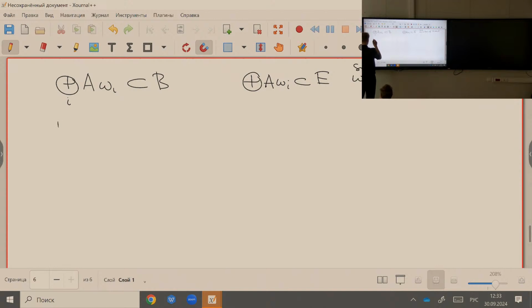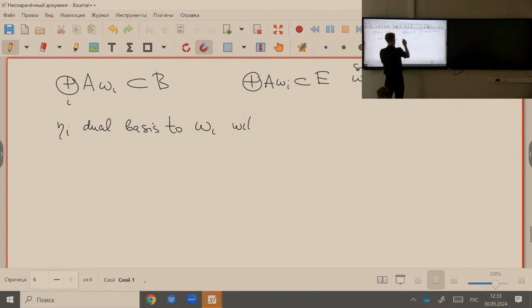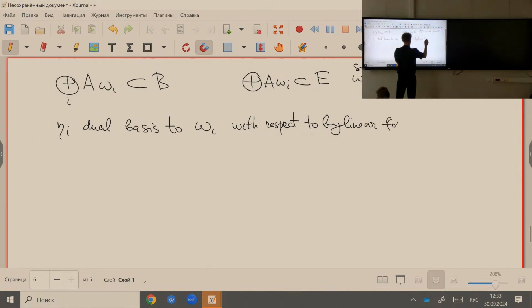Yeah, so let eta_i be a dual basis to omega_i, meaning with respect to the bilinear form trace(ab), thinking of this as the corresponding form.